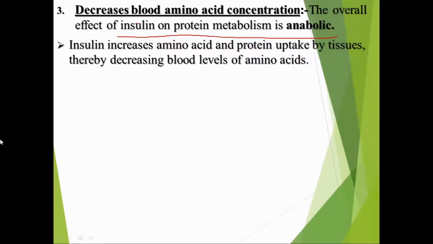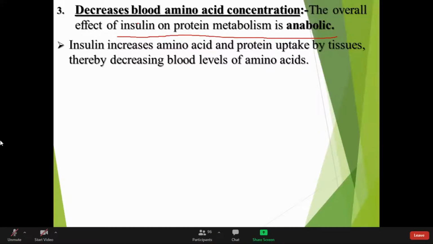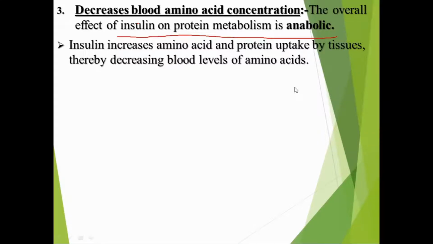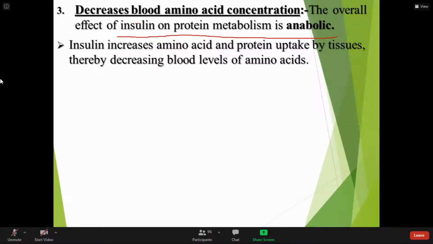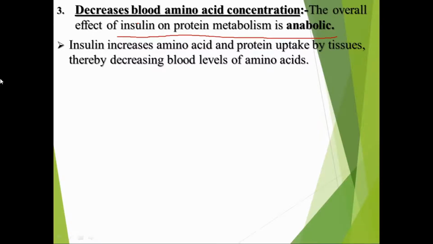Here, one thing you must have noted: whatever we said, decreasing glucose, decreasing fatty acid and keto acid, and decreasing amino acid concentration, we are not saying that insulin is removing them. No, it's not removing them. It is helping in storage of these things in tissues, so that the level in blood is decreased.